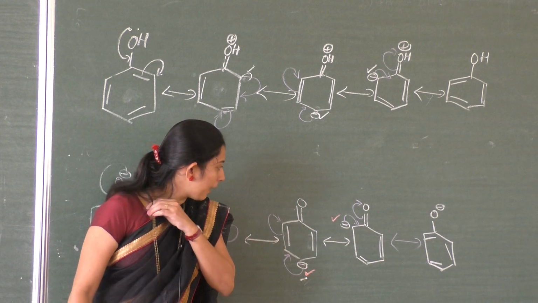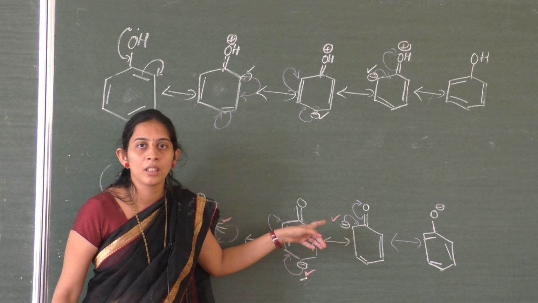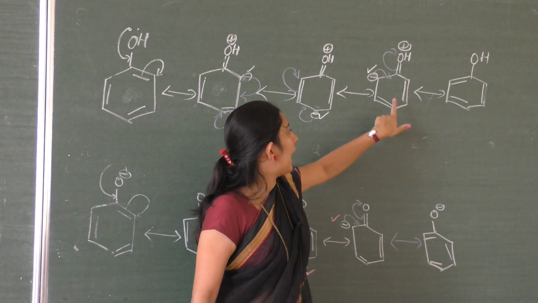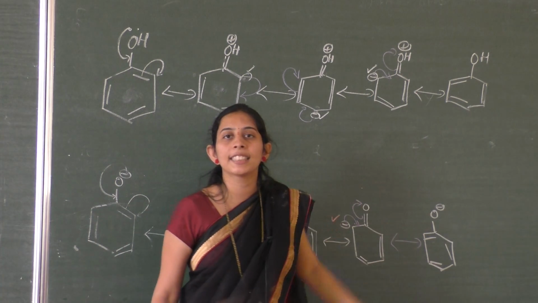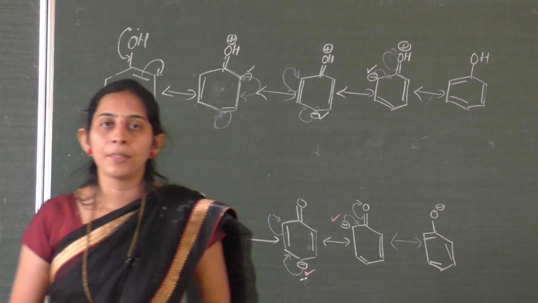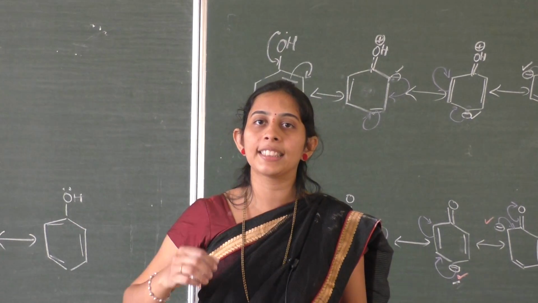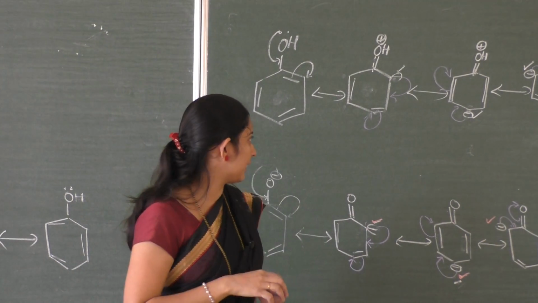Negative charges are present there. So therefore we say that in the ortho as well as the para position, it has a high electron density.